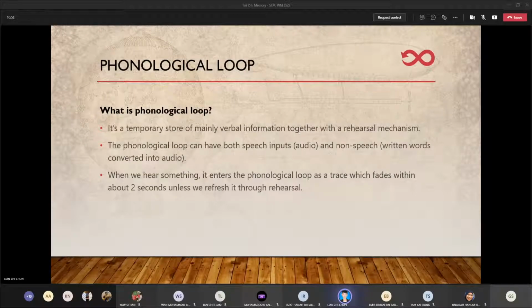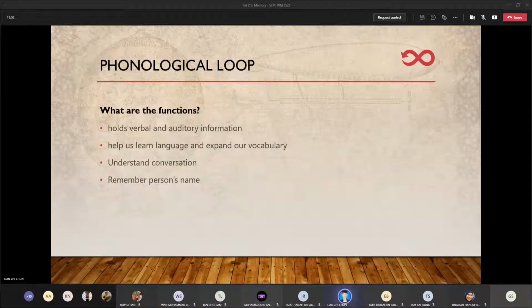When we hear something, it enters the phonological loop as a trace which fades within 2 seconds unless we refresh it through rehearsal. What are its functions? It holds verbal and auditory information. It helps us learn language, expand our vocabulary, understand conversation, and remember someone's name.